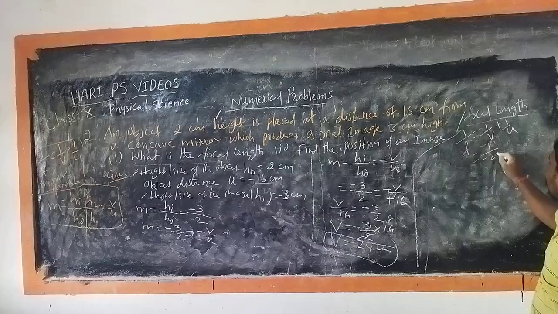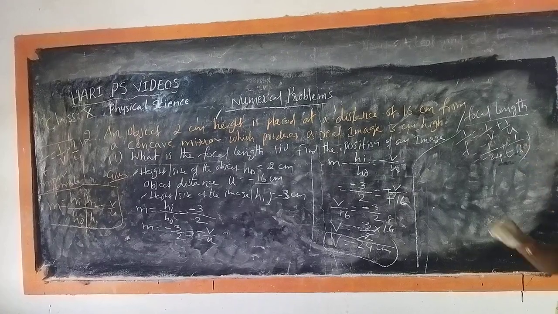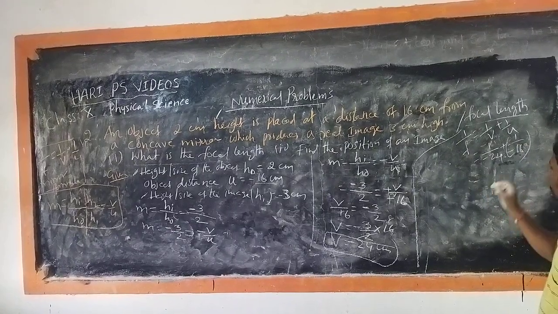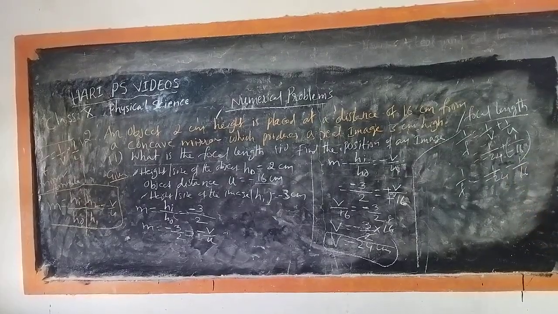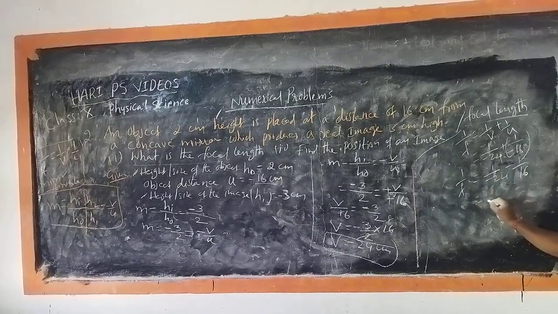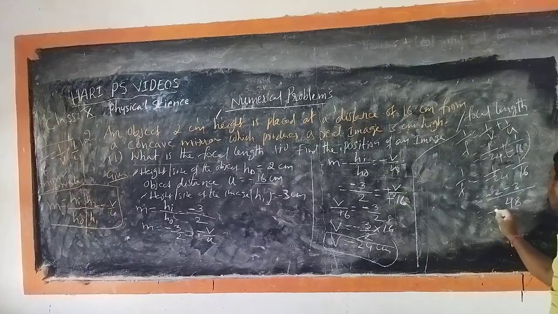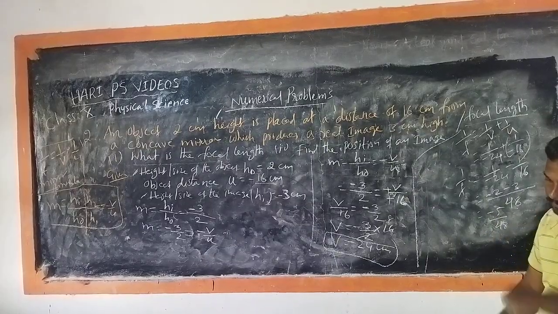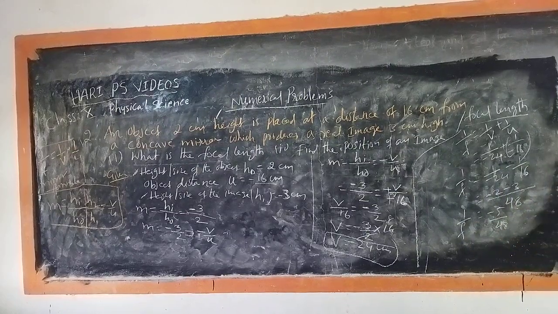So 1 by f equals minus 1 by 24 minus 1 by 60. Simplifying, the LCM is 48. Two twos are four, three fours are twelve, minus 2 minus 3 equals minus 5 by 48.